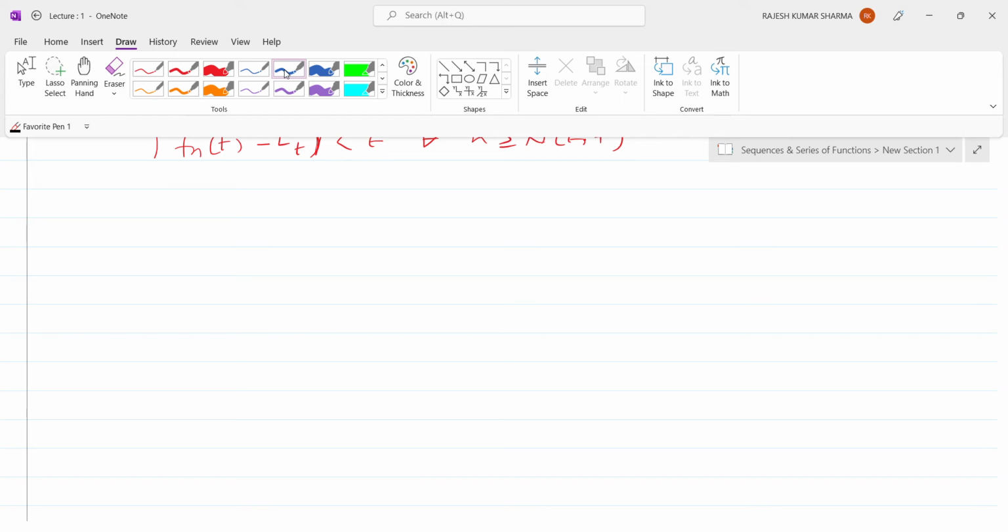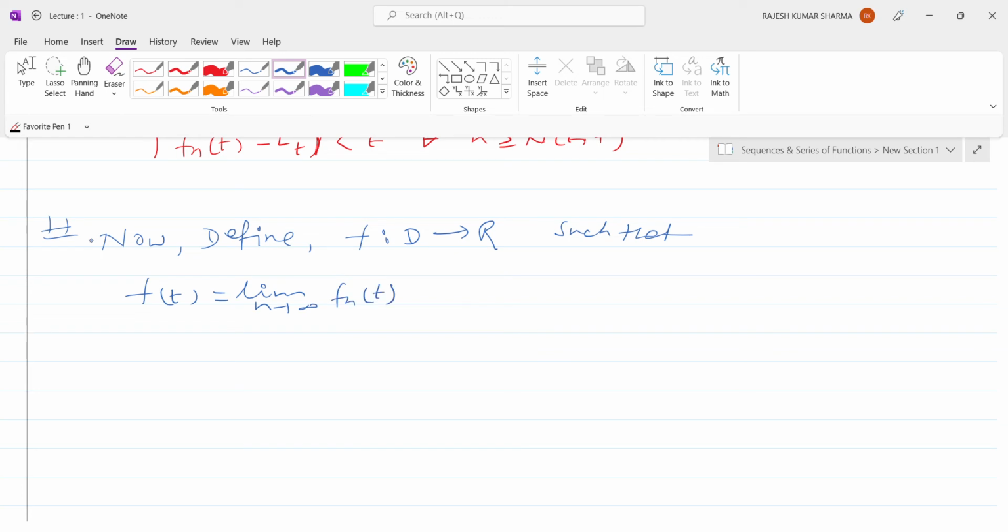Now define a function f from D to R such that f(t) equal to the limit of n tending to infinity f_n(t).